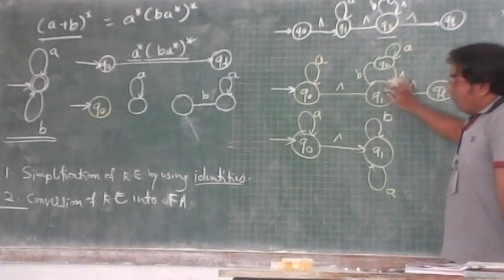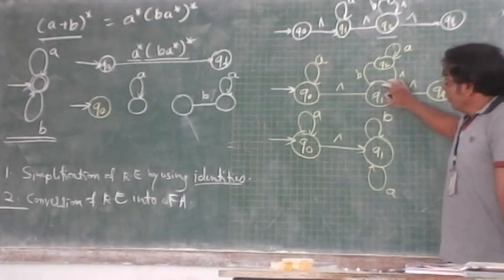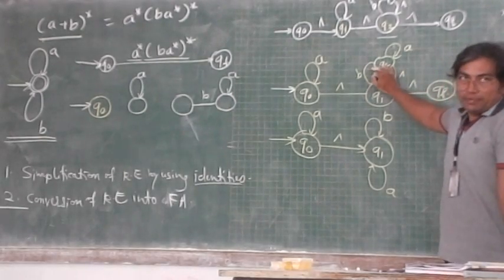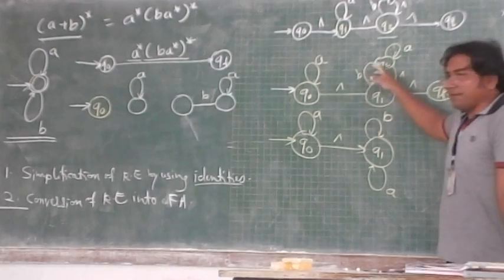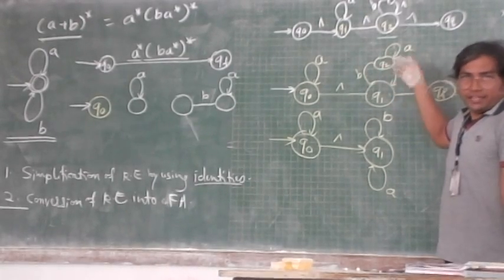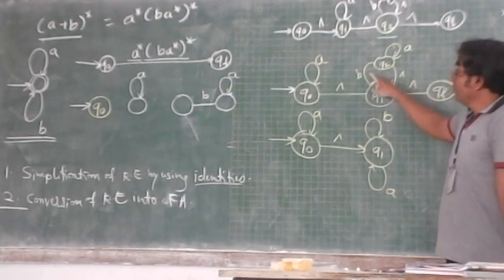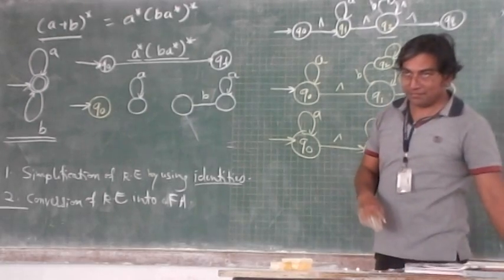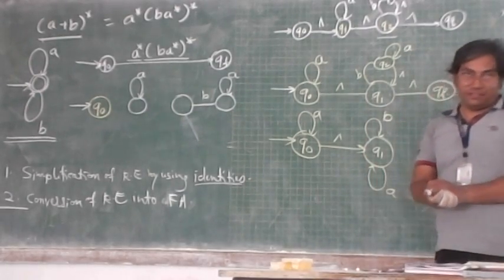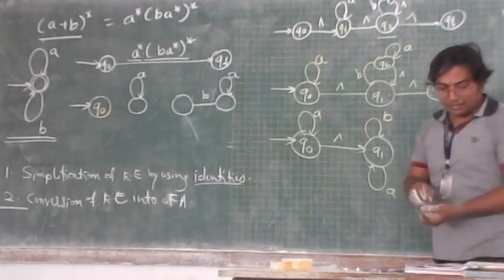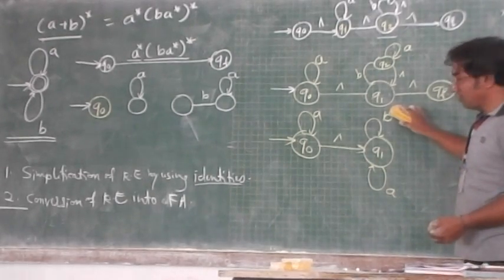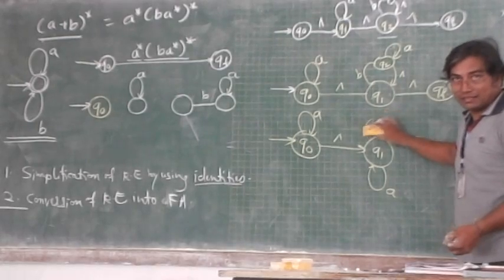But here, once you come to this Q1 state, you are supposed to select B, then any number of A's, then again B, any number of A's, B, A, any number of A, B you can consider. But it starts with B. Do you understand? But that we are not getting here. In that case, this kind of shortcut method fails here.